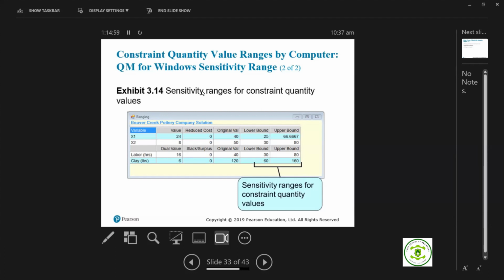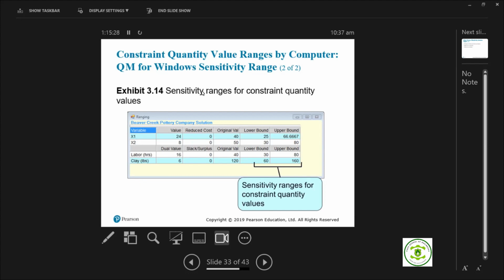Now let's get to this. In my interpretation, when I say if it decreases less than 25, you are not interpreting the lower bound.